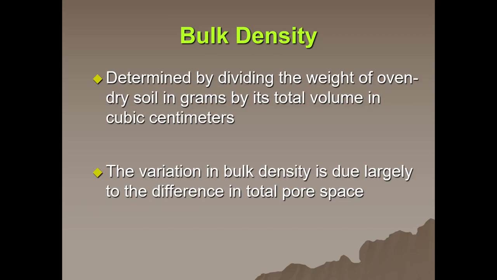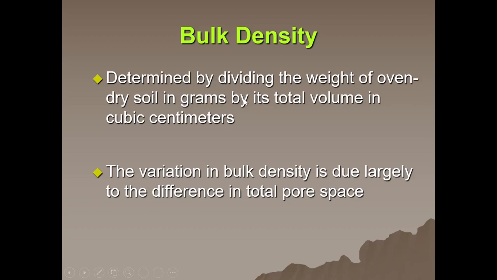And also when the bulk density is high, it affects the water infiltration. That means the soil is pretty compacted. The compacted soil will have high bulk density. Therefore, it affects the water infiltration and root growth.